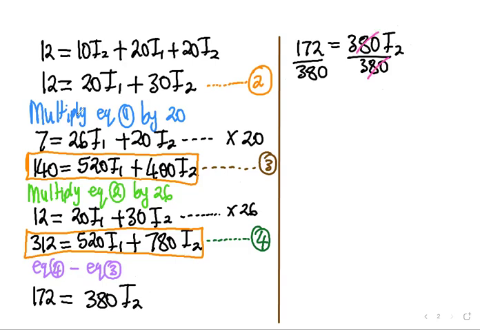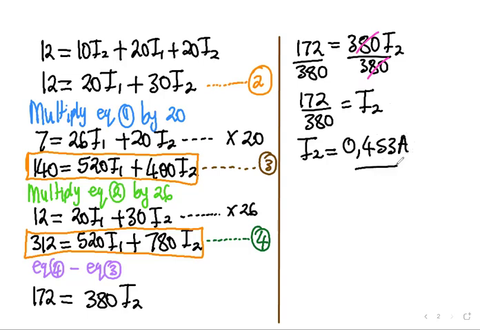And this cancels that. Here you are left with 172 over 380 equals I2. You can write it like this, I2 equals. Then when you divide 172 by 380, it gives you 0.453.